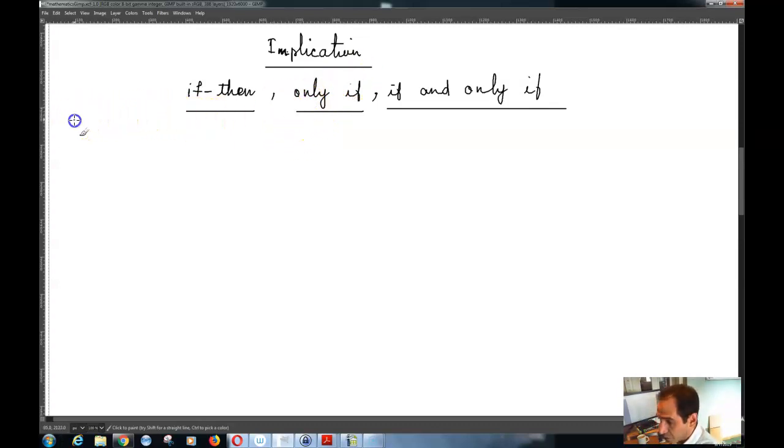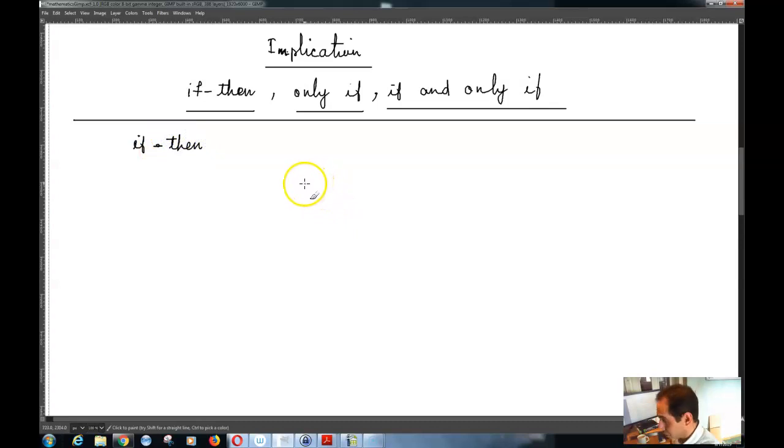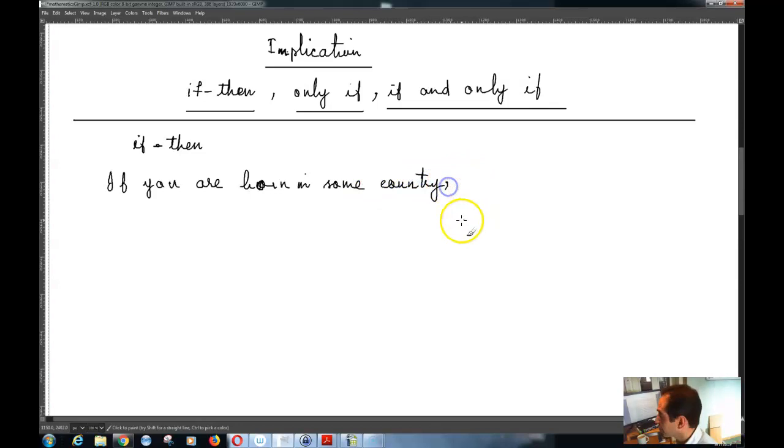Now, talking about if-then, we can understand it this way. Let's consider this example. It says that if you are born in some country, then you are a citizen of that country.